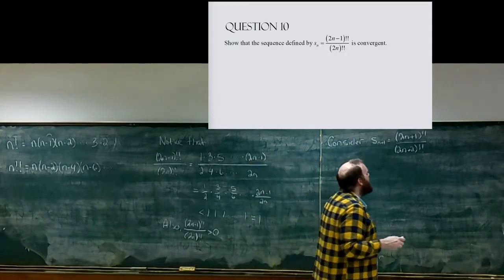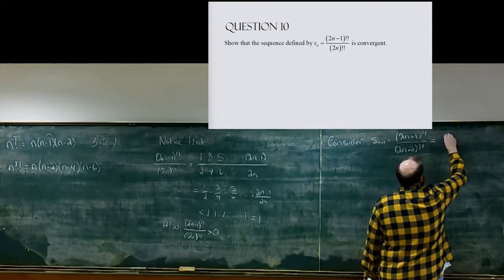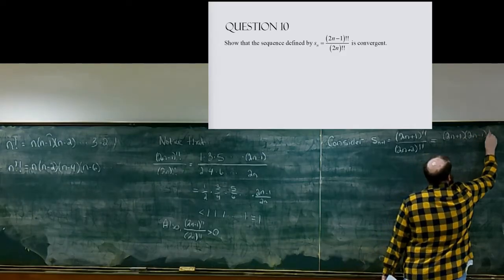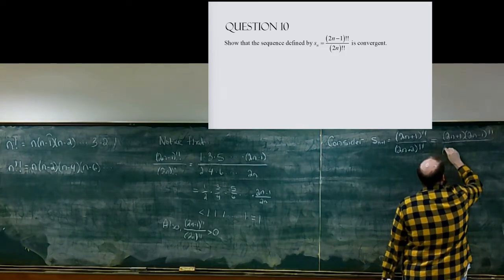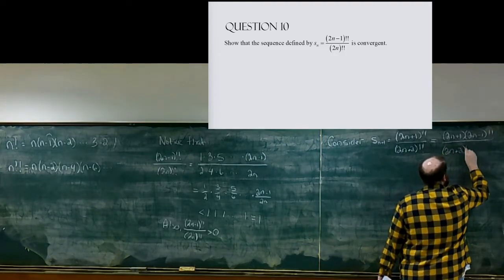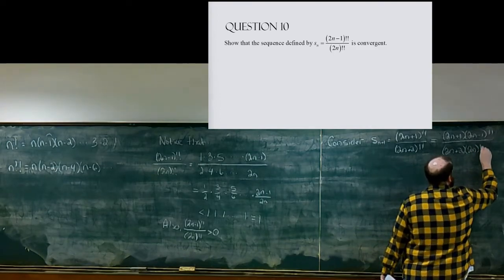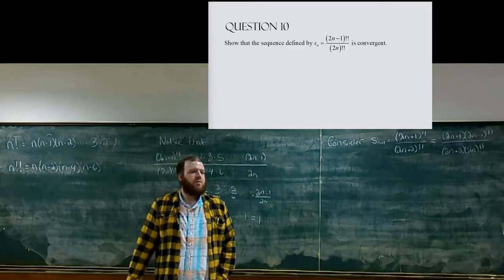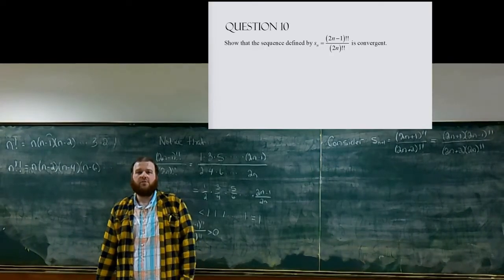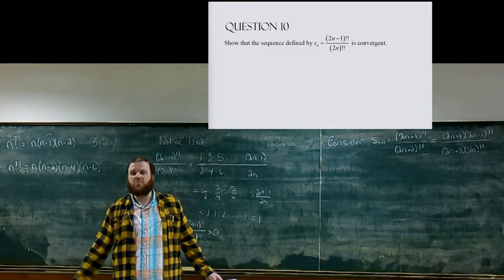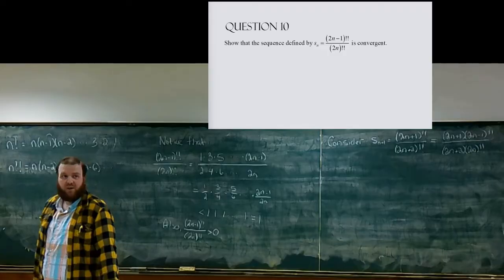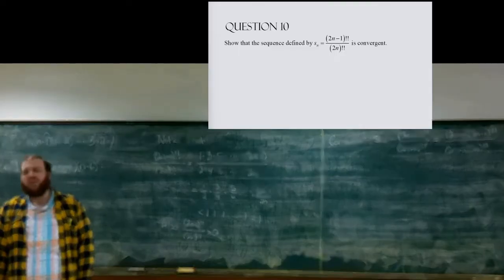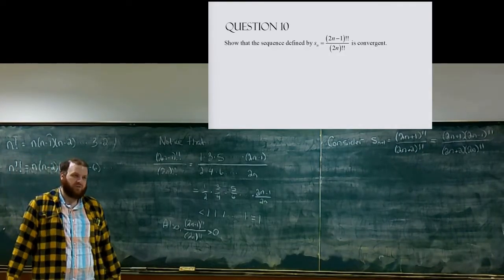But notice something. 2n plus 1 double factorial is just 2n plus 1 times 2n minus 1 double factorial, right? 2n plus 2 double factorial would be 2n plus 2 times 2n double factorial.